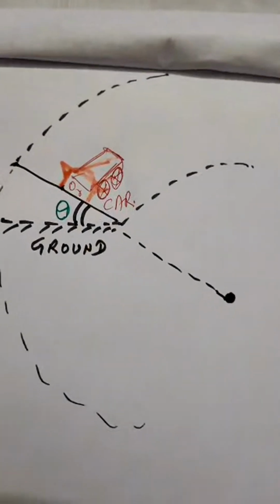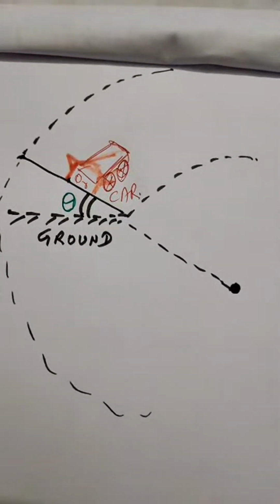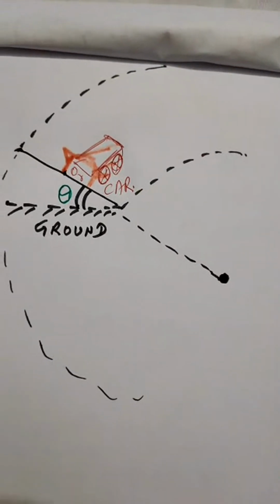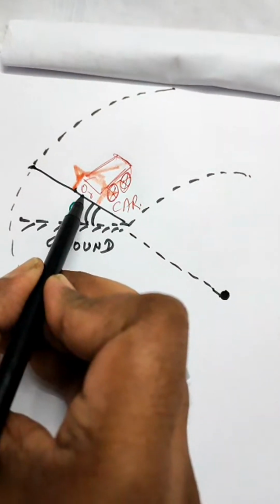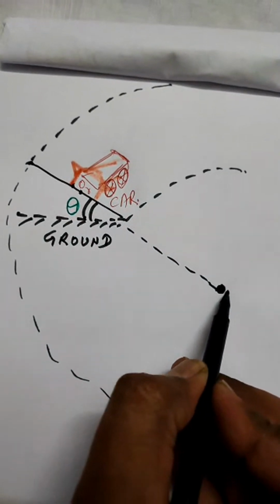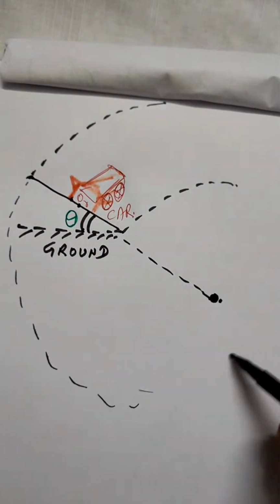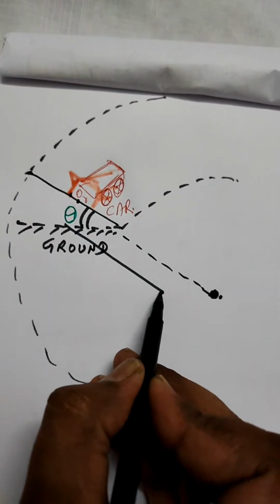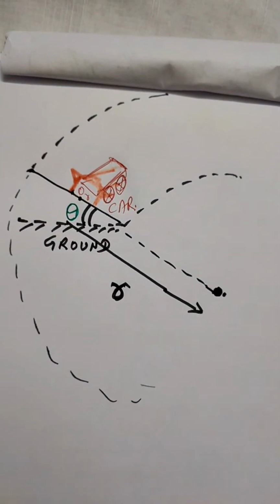Now we need to understand how the different forces are acting on this car, where the banking is given to you. So from this center point of this circle, where the circular path you are considering, let us say this is r, the radius of this circular path.